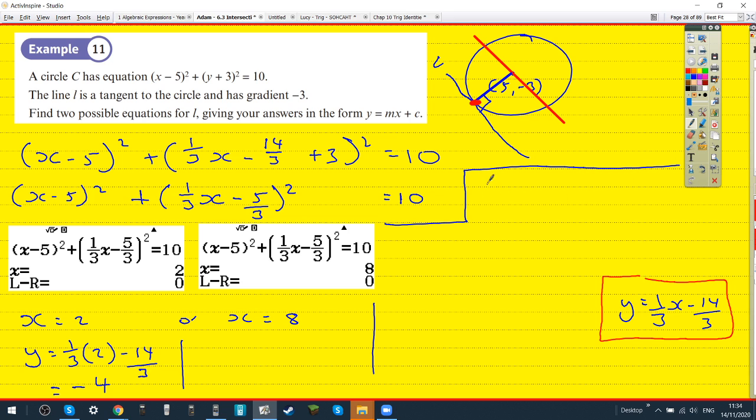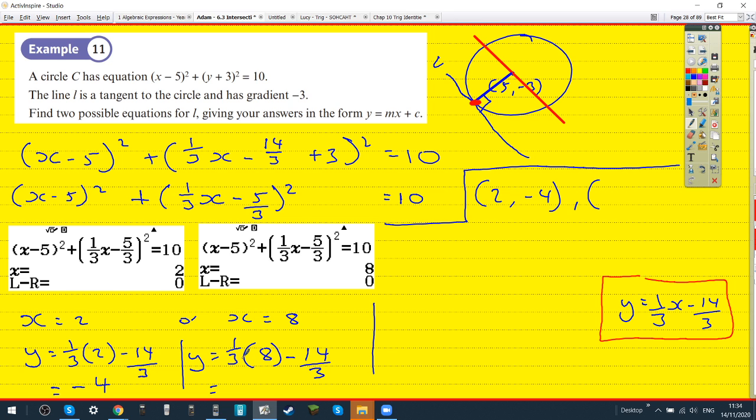And then we do the same thing for the second one. So y equals 1 over 3 brackets 8 minus 14 over 3. Which gives you 8 over 3. So it'd be y equals 8 over 3 minus 14 over 3.